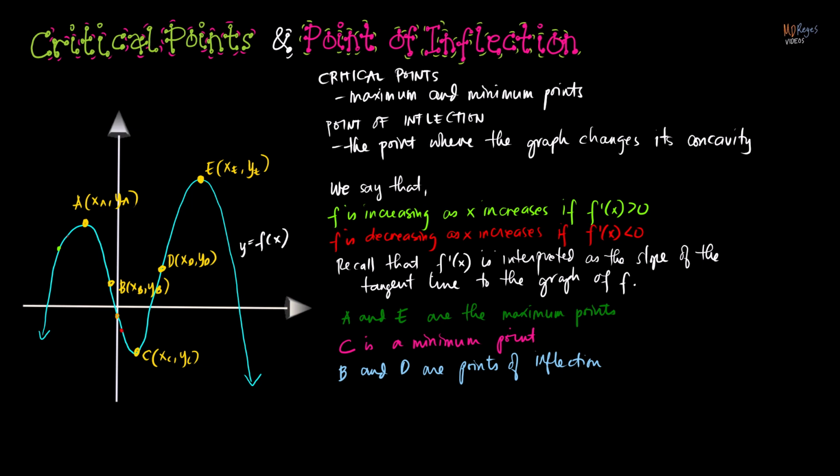Now, if f prime of x is greater than 0 when the function is increasing, and it is less than 0 when the function is decreasing, where is f prime of x equal to 0? F prime of x is equal to 0 at these points.